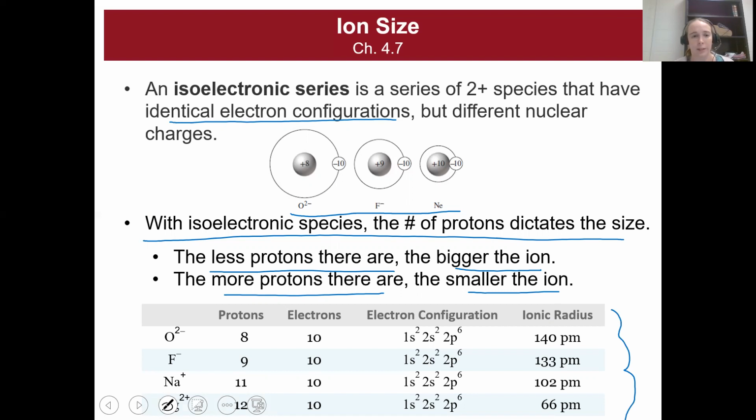The ionic radius of these isoelectronic species, these are all isoelectronic with neon, and you can see they have the same number of electrons, same electron configuration, but because they have different numbers of protons, they have different ionic radii, sorry. And the magnesium ion is the smallest one because it has the most protons.